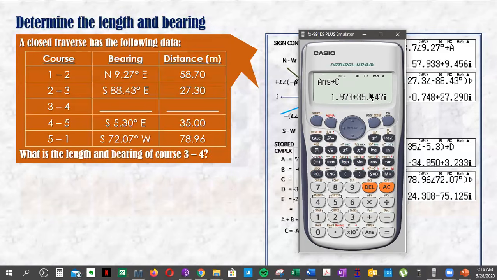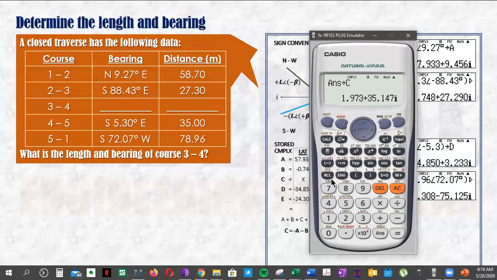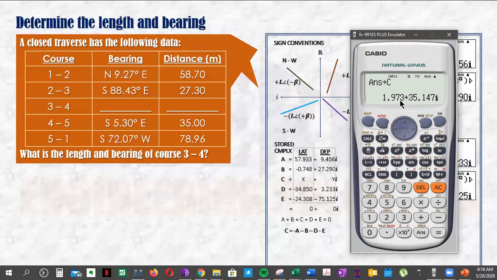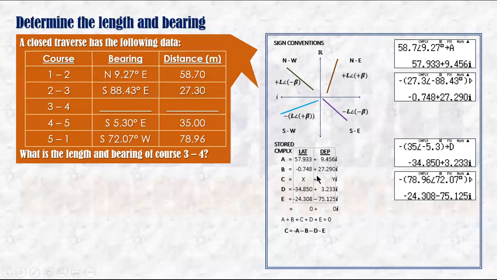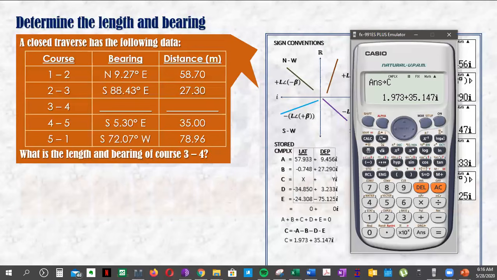That means the latitude X must be equal to 1.973 and the departure must be 35.147. So that's how it is. Okay? Now, if I'm going to calculate the length of that course, the length is simply the absolute value of the C. Because it's like this: for a complex number, real part, then imaginary.